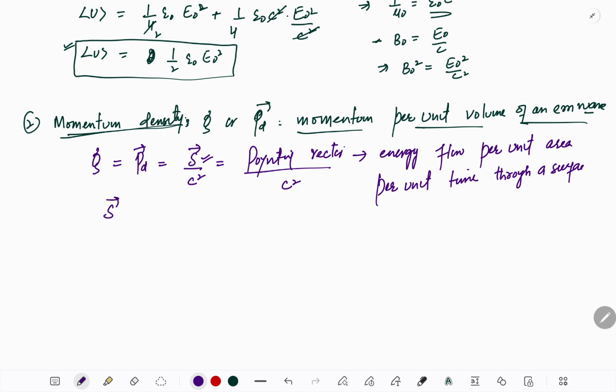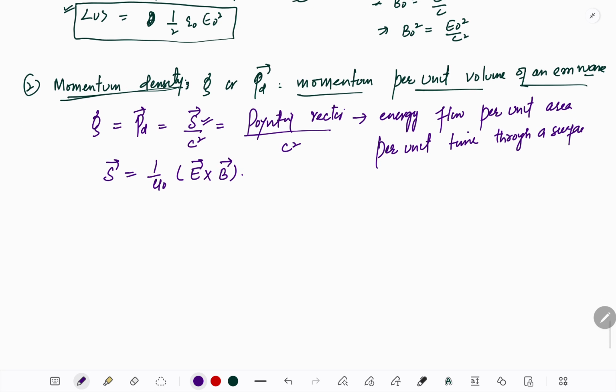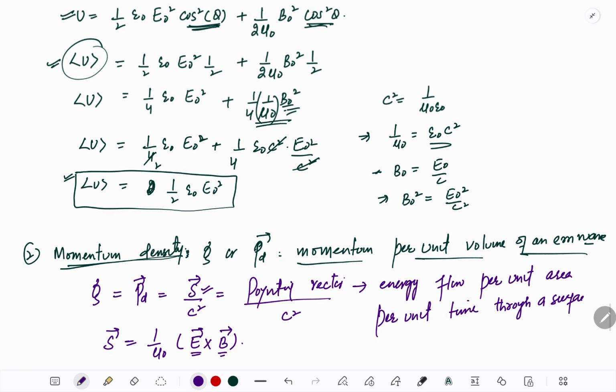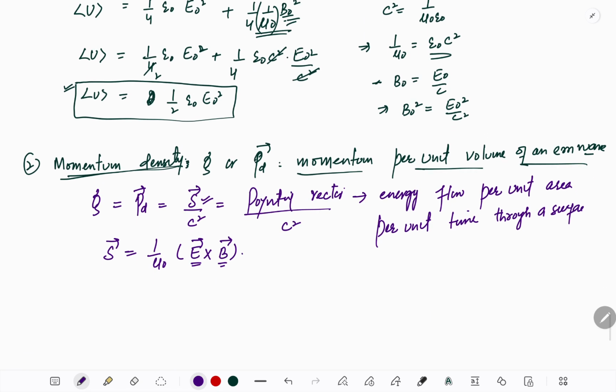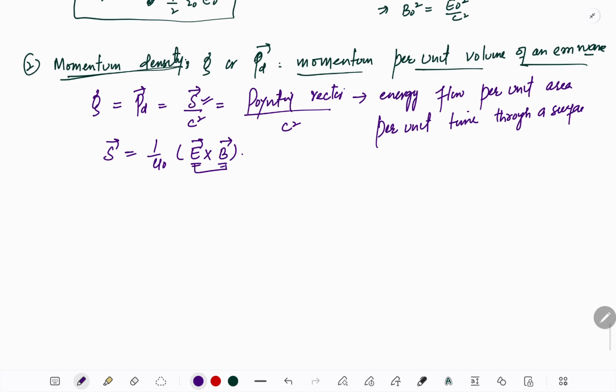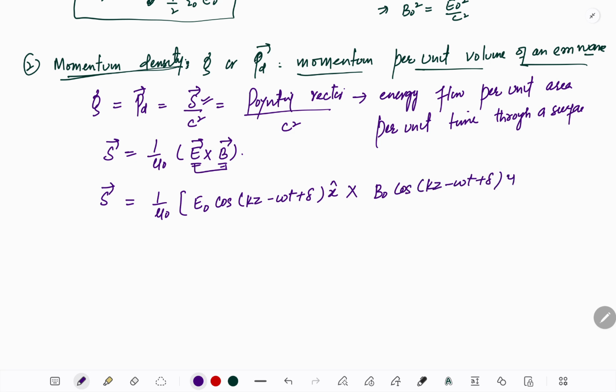The Poynting vector is given by 1 over mu 0 times E cross B. Since E and B contain cosines, let's do the cross product. The Poynting vector is 1 over mu 0 times E naught cos(kz minus omega t plus delta) x cap, cross B naught cos(kz minus omega t plus delta) y cap.